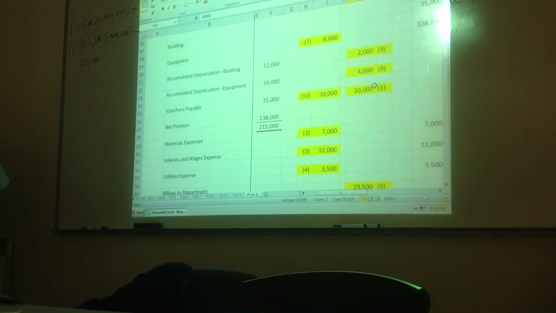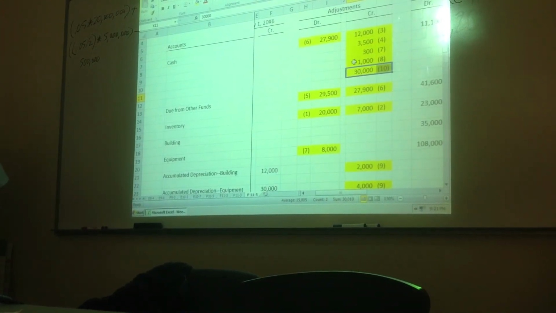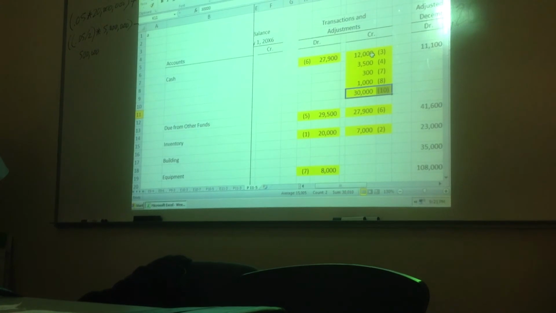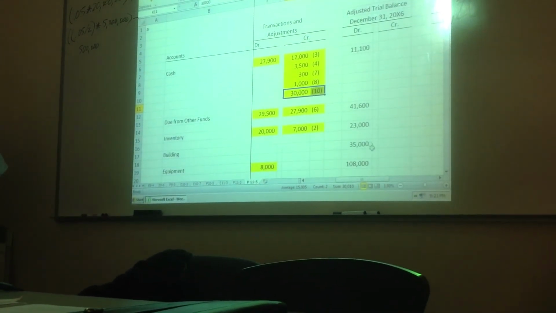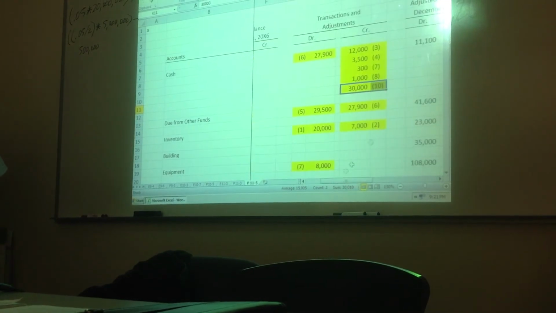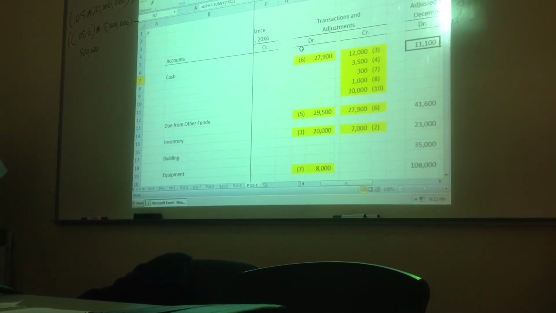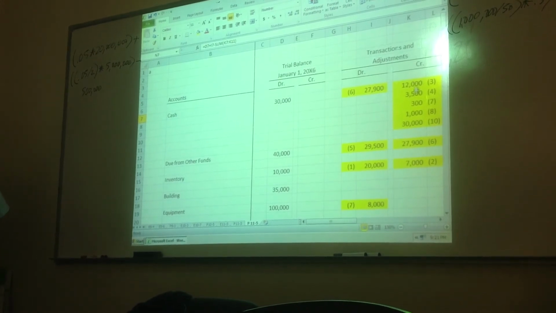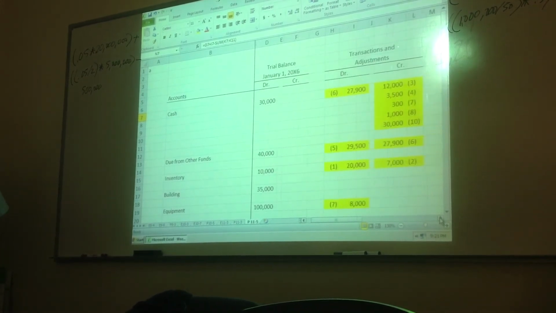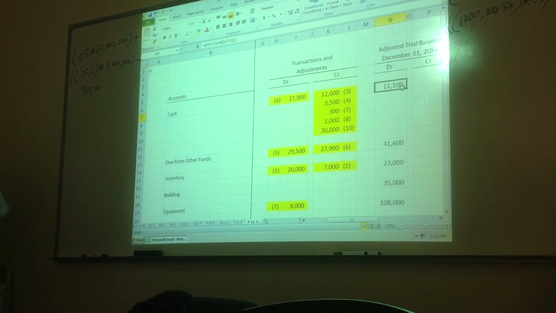And that's it. Those are your transactions. Those are your adjustments. Now you have adjusted trial balance where you add, right? Formula: starting number, plus or minus the changes, gives you your adjusted trial balance number.